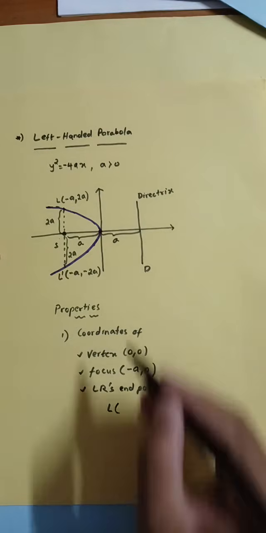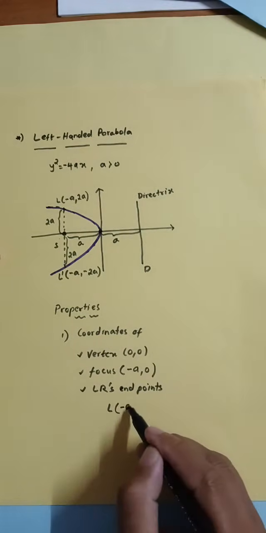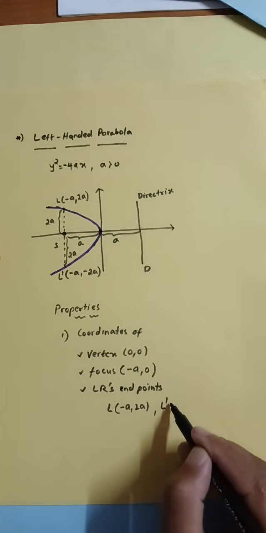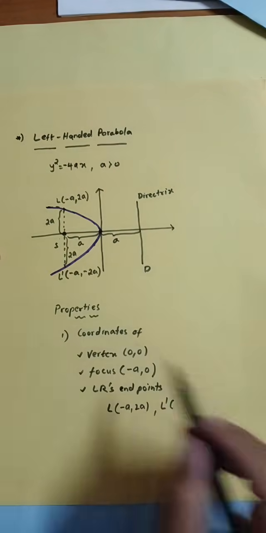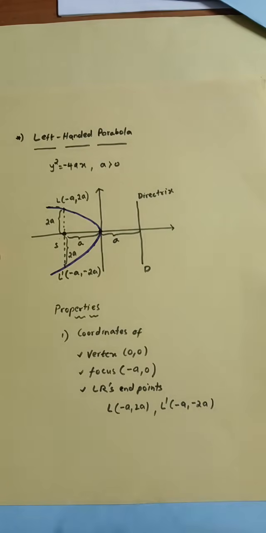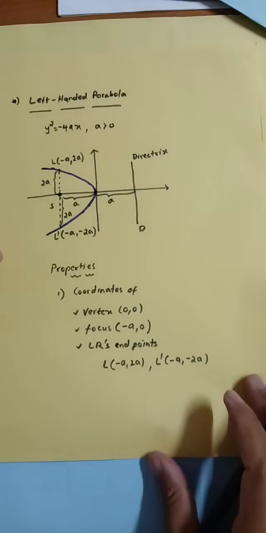So L is negative a, comma, 2a, and L dash is negative a, comma, negative 2a. We are done.